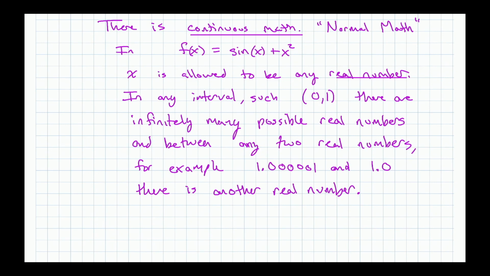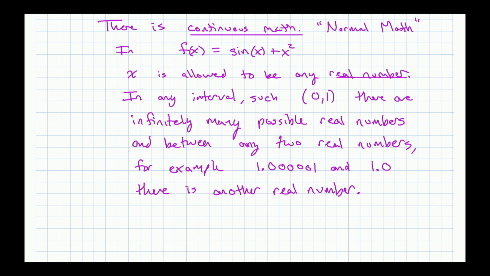And so this kind of setup is what we would call continuous mathematics, because an interval like 0 to 1 would be a continuum. A continuum is the case where between any two of these things, there's another one. That makes it impossible to actually list them all out, because where would you start?